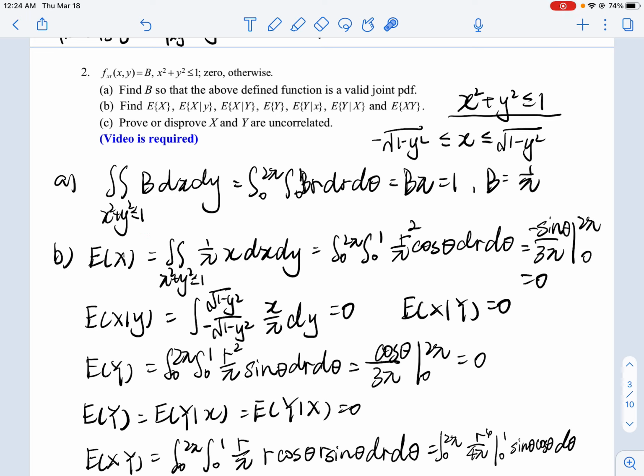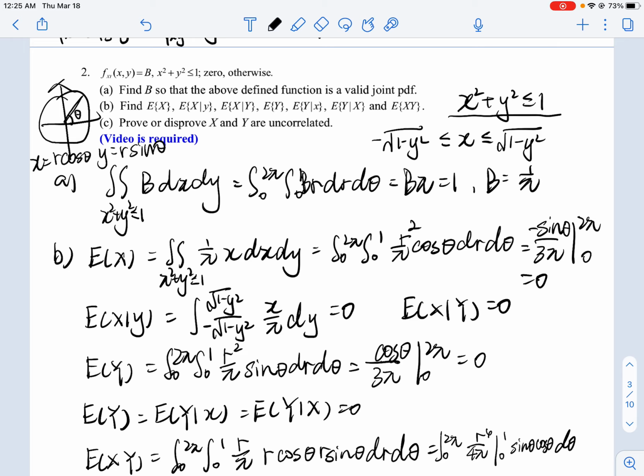So we can replace x and y with r and theta, for the circle. r is this part and this is theta, and x is r multiply cosine theta, and y is r multiply sine theta.